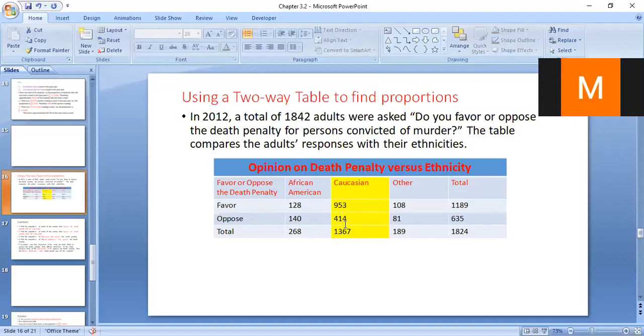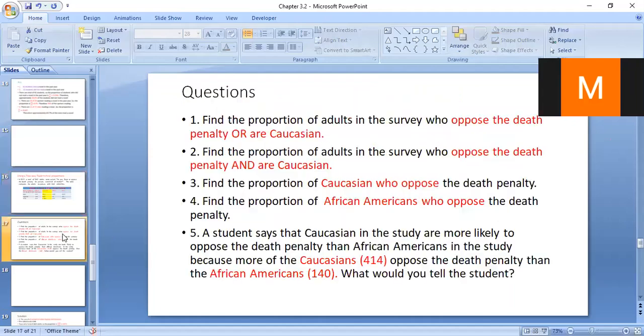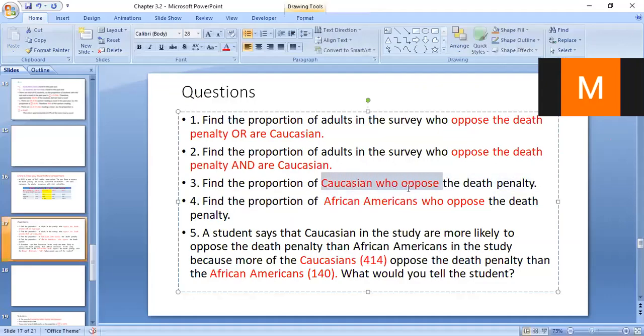So then you get 414 divided by 1,367. You have to look at the question and find the Caucasian who uphold. So you find the total Caucasian and uphold, you divide, you will get the proportion.